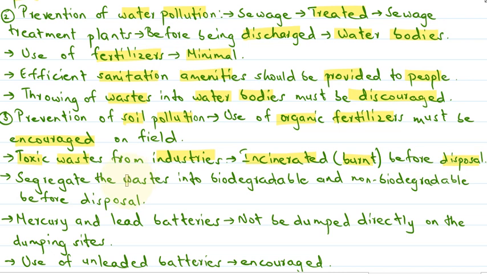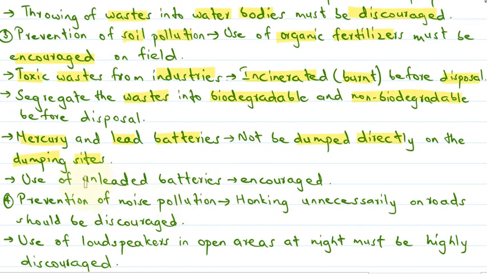Then we must segregate the waste into biodegradable and non biodegradable waste before it is disposed. And mercury and lead batteries should not be dumped directly on the dumping sites. Instead, unleaded or alternative forms of batteries should be used, and their use must be encouraged.